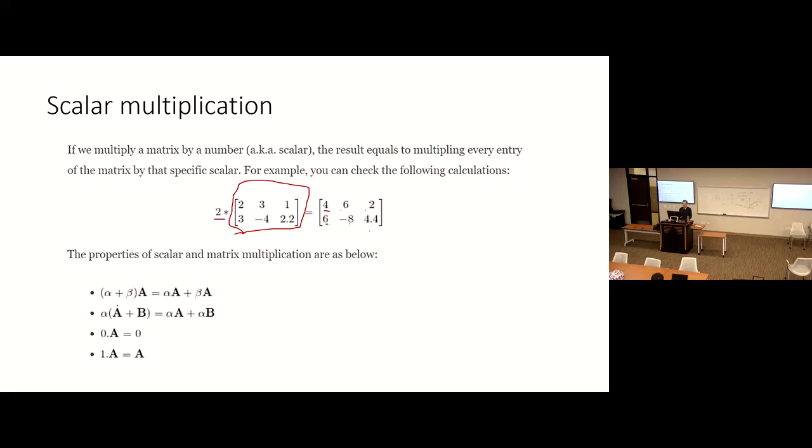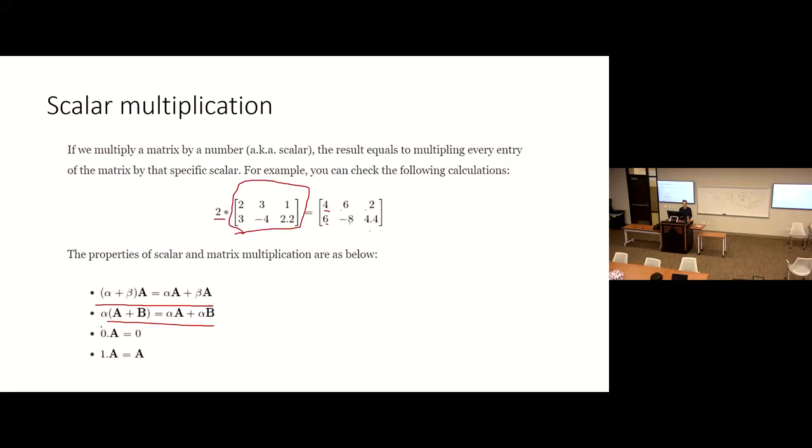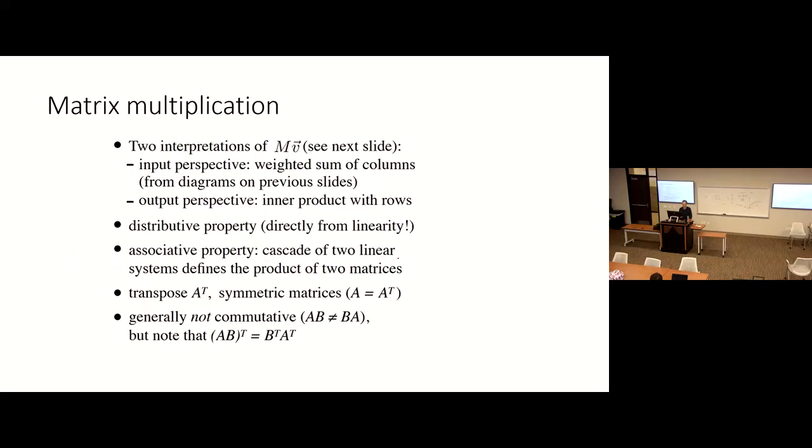If you know this, you can demonstrate that all these cases are true, because for the addition operation for A and B, before and after you do this scaling, it will be the same. If you multiply by 0, then it becomes 0. So you don't have to remember anything. It's just common sense so far.